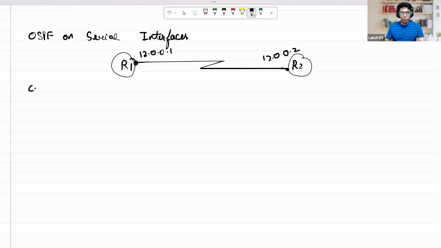I will go into the configuration terminal. Then in the configuration terminal, I will say router OSPF, meaning that I'm enabling OSPF on this router. And then I will write a number, for example, OSPF 1.